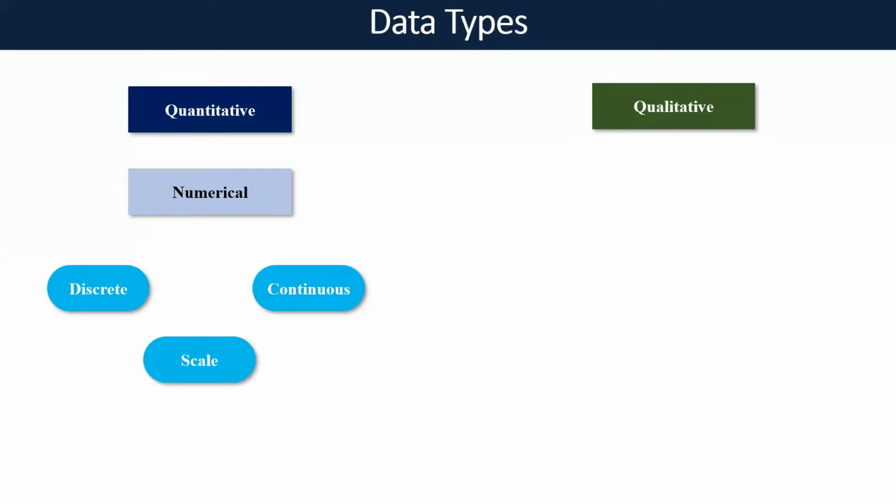Please understand this. So we can have discrete and we can have continuous. Another thing that we have under this numeric data, under quantitative, is that the data also can be scale data. The reason why it is scale data is because it comes in a hierarchical format. All numeric data comes in a hierarchical format.